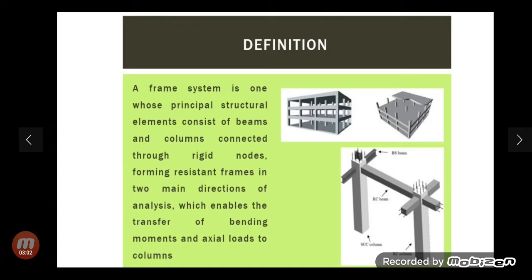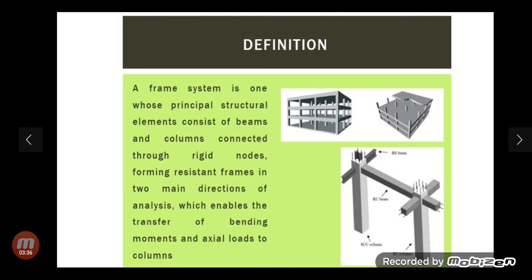So, in general, when we discuss a frame system, it is one whose principal structural elements consist of beams and columns connected through rigid nodes, forming resisting frames in two main directions of analysis, mainly say Z and Y directions, which enables the transfer of bending moments and axial loads to the column.